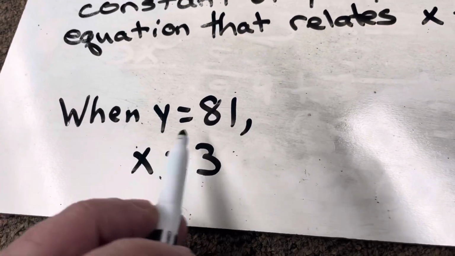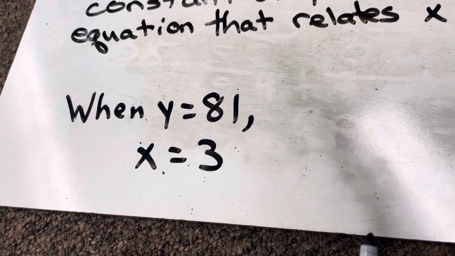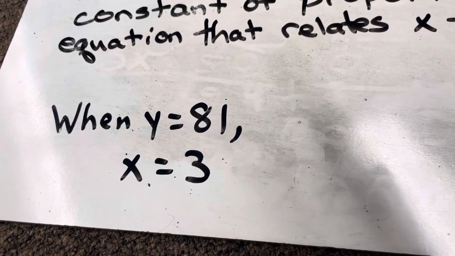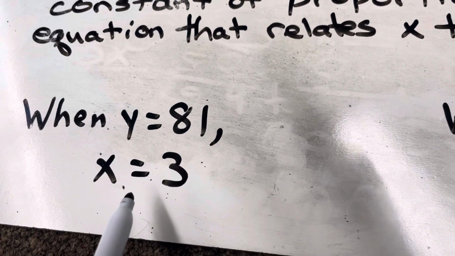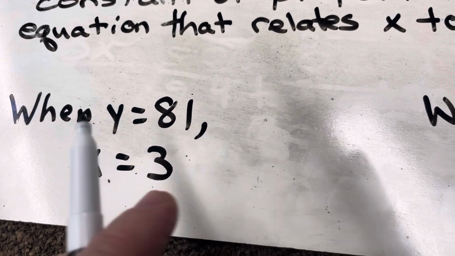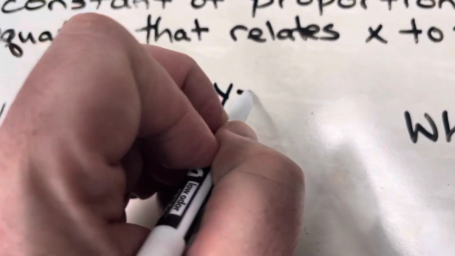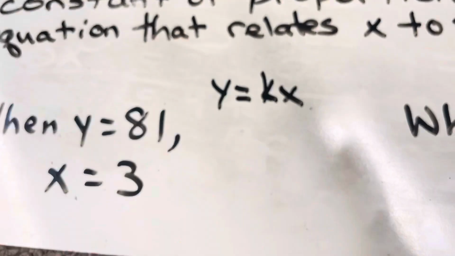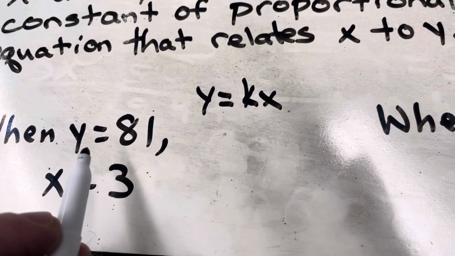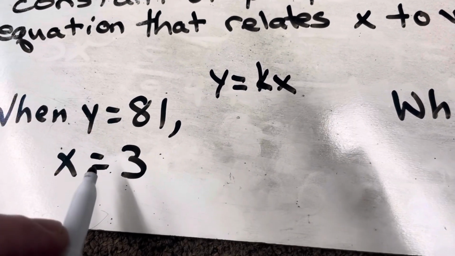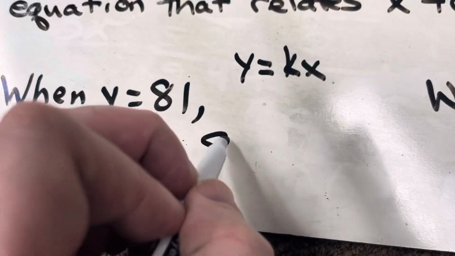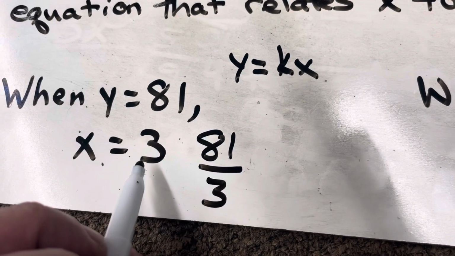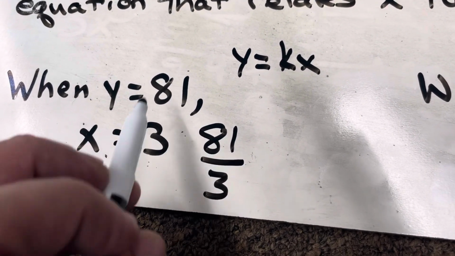Well, essentially, when Y equals 81, X equals 3. All I have to do here is figure out what I am doing to X to get Y. Since I want it as Y equals KX, I'm thinking, what did I do to X to get Y?